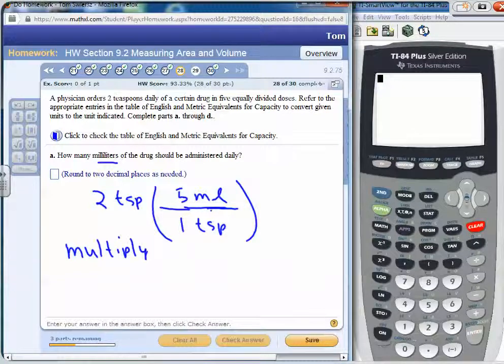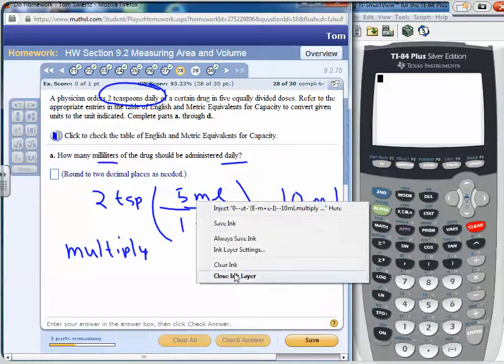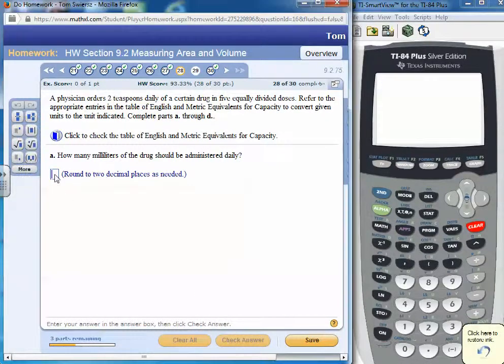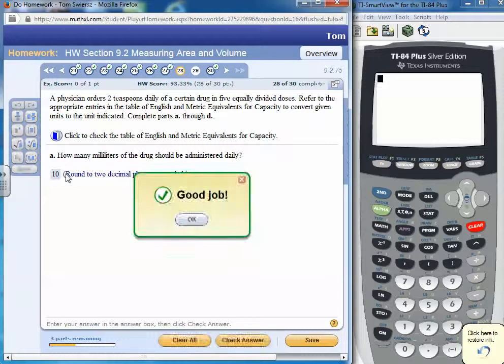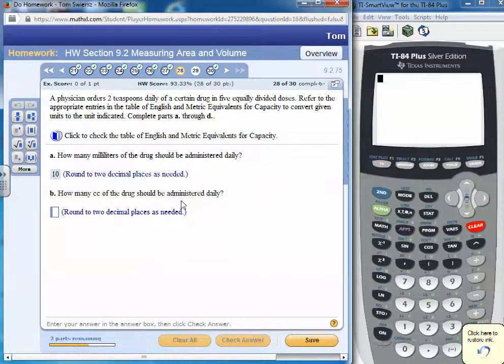So 2 times 5, we can do that in our head, and we'll get 10 milliliters daily. That's the entire daily. We're not worried about breaking it up into equal parts yet. So the answer to part A is 10 milliliters, and it came out a whole number, so I don't have to worry about any rounding off.